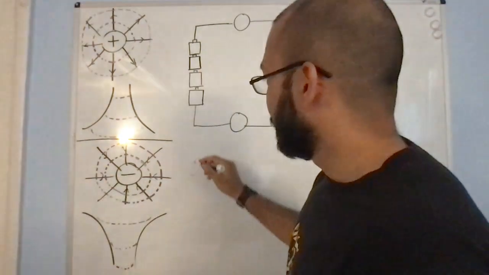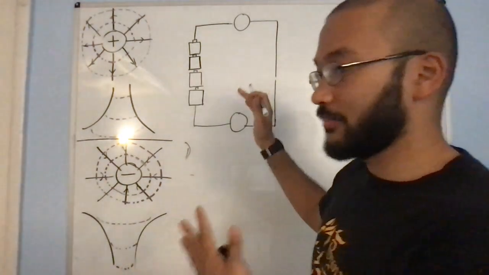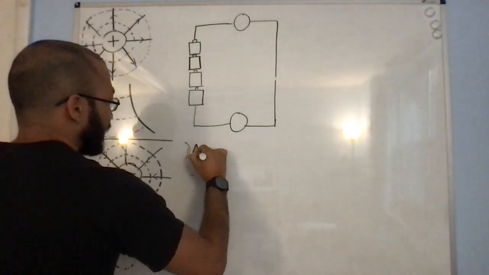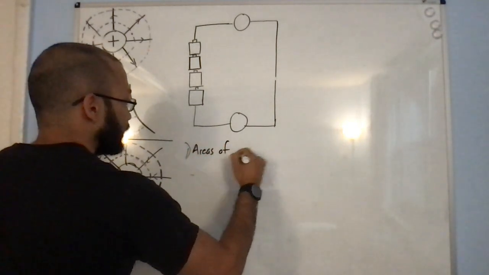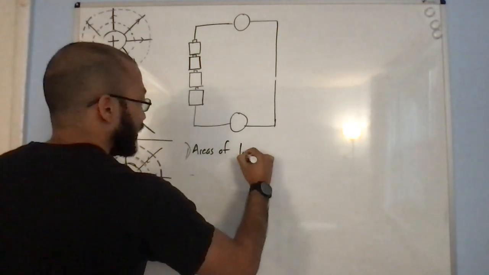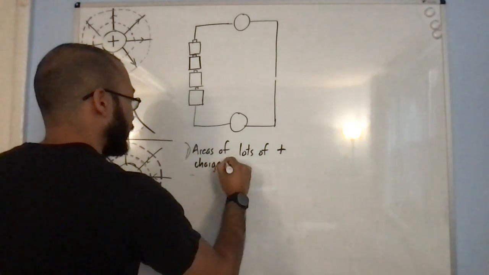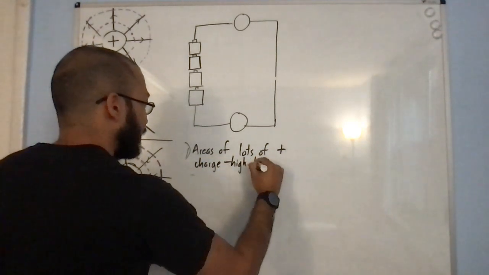And so I think that's the first part of how to think about circuits. Areas of lots of positive charge, high height.